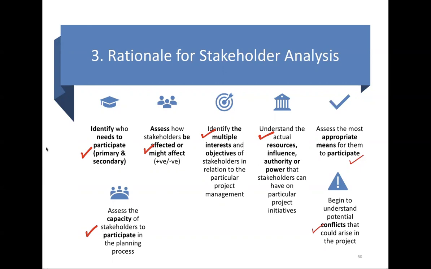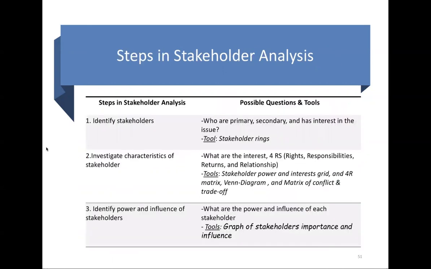So in order to do stakeholder analysis, there are fundamentally 3 main steps. The first one is to identify who the stakeholders in your project are, to investigate the characteristics of the stakeholders, and to identify the power and the influence of the stakeholders.